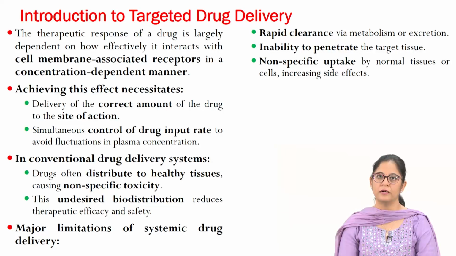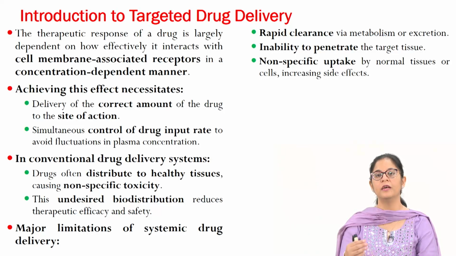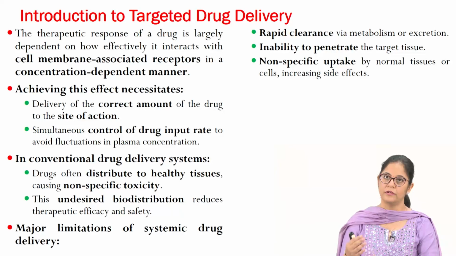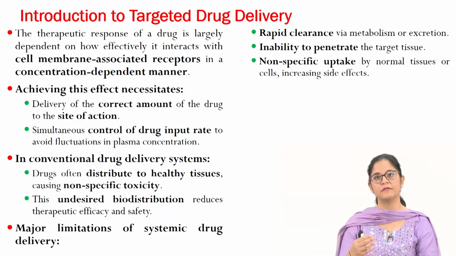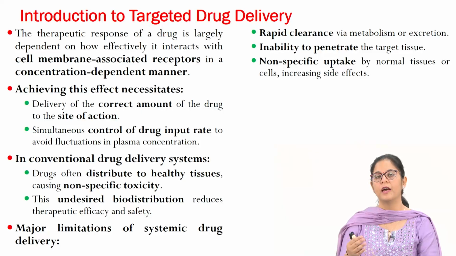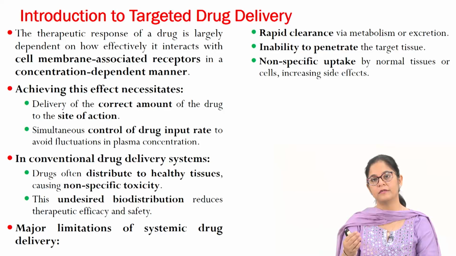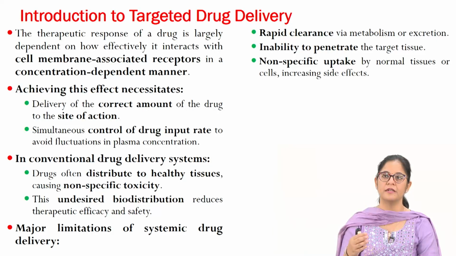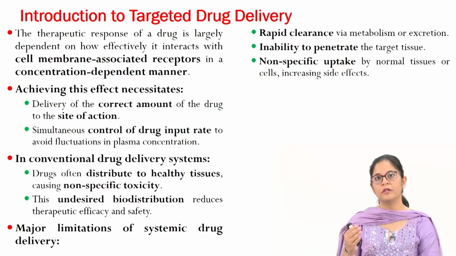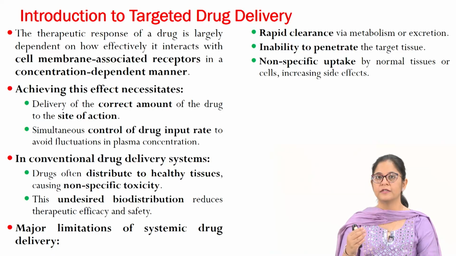So the targeted mechanism of drug delivery is basically based on the interaction of the drug delivery system with the receptors which are expressed on the cell membrane, and the more is the closeness of the drug delivery system towards these, or the more is the affinity towards these receptors, the better is the targeting and hence better is the therapeutic outcome.